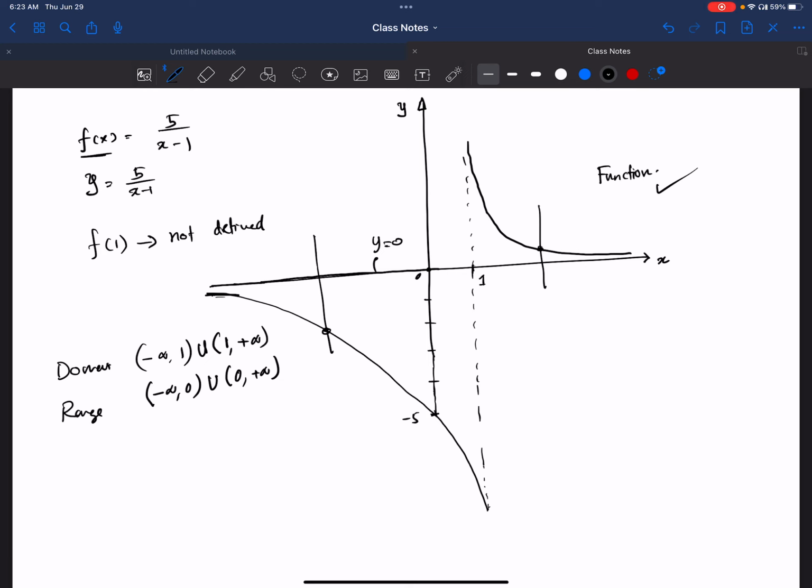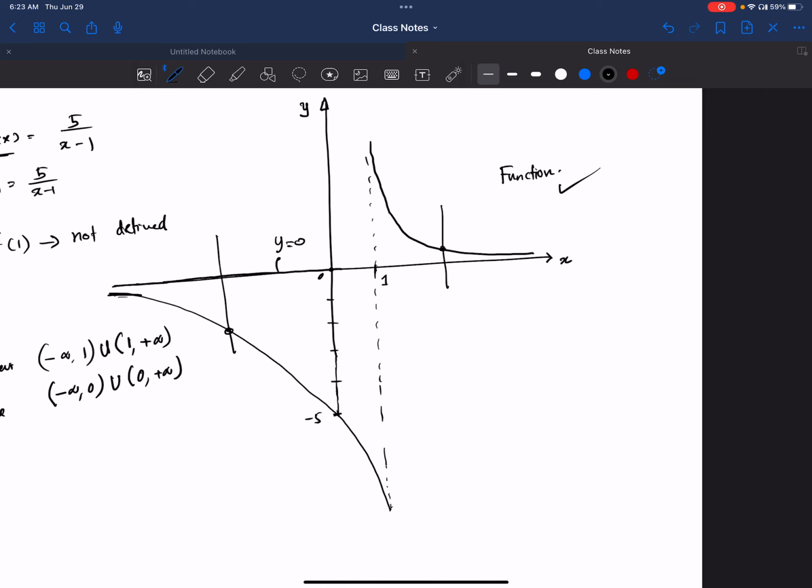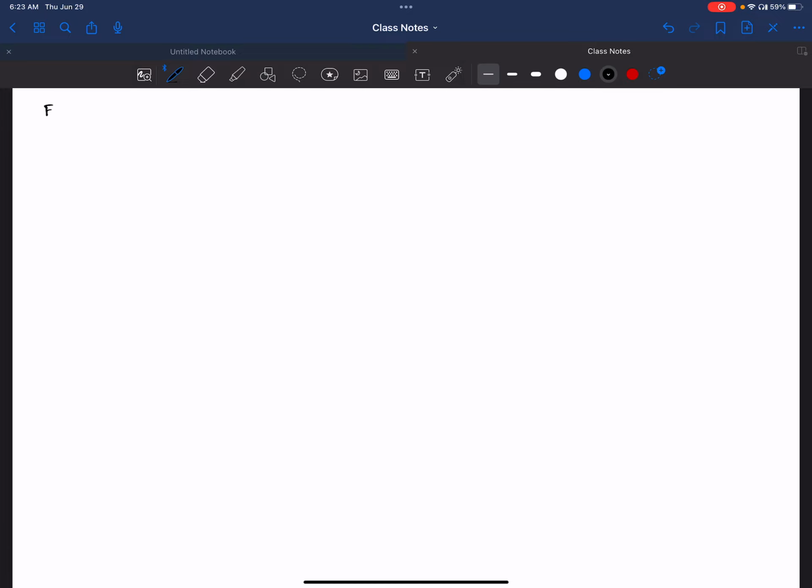Let's take another example. This is example 3, and this is example 4. In example 4, I will take y squared equals x.